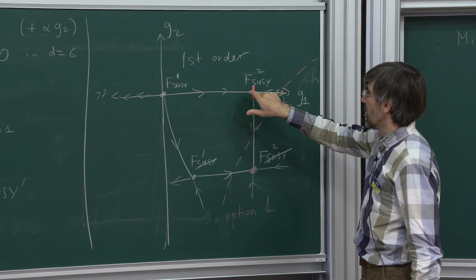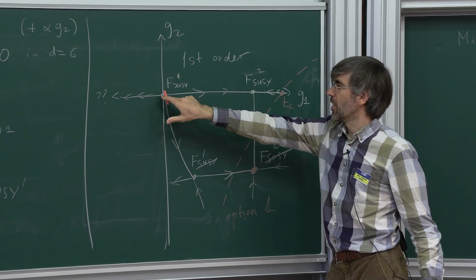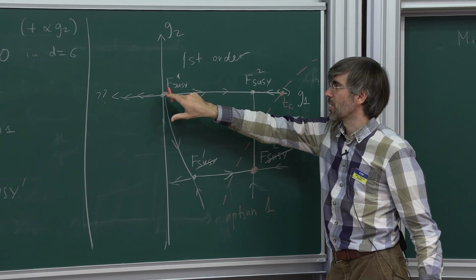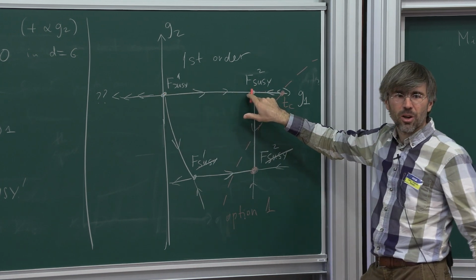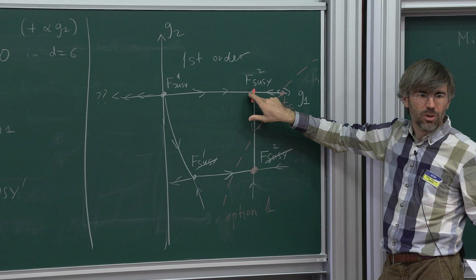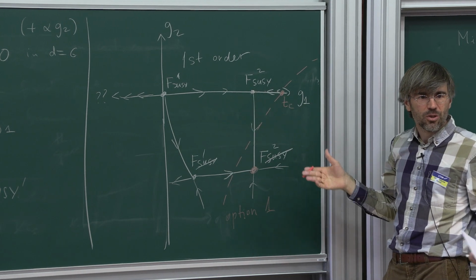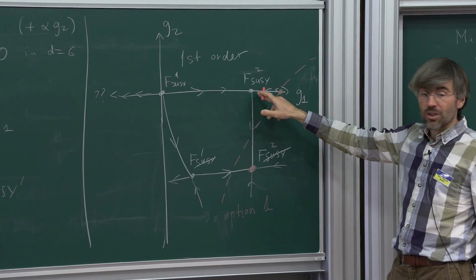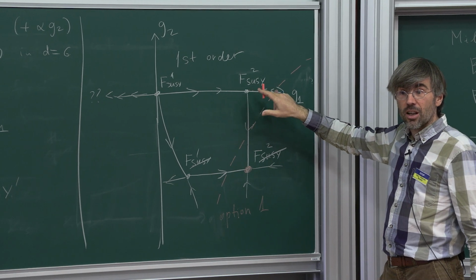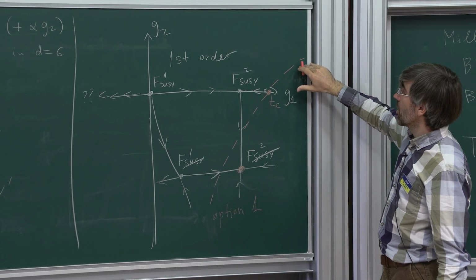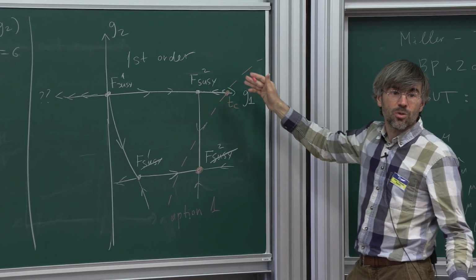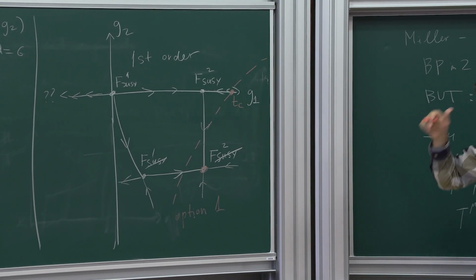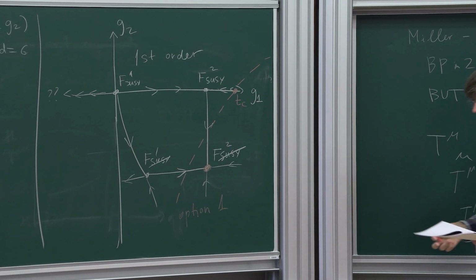But it's not the fully supersymmetric fixed point where both couplings are 0, but this F SUSY 2 fixed point where one of the couplings is non-zero, but that fixed point is still supersymmetric, so you should see the supersymmetric values of critical exponents. And if you keep varying this parameter, you should get a first order phase transition. That's what you would argue based on this diagram.